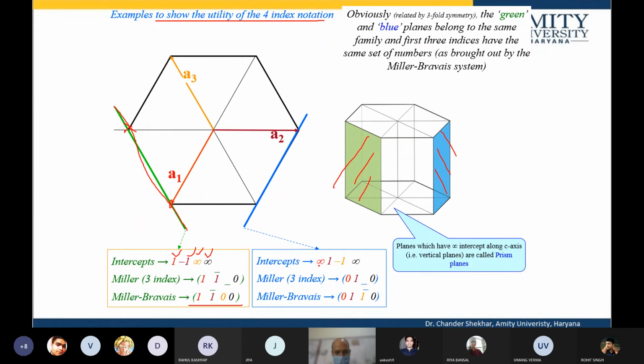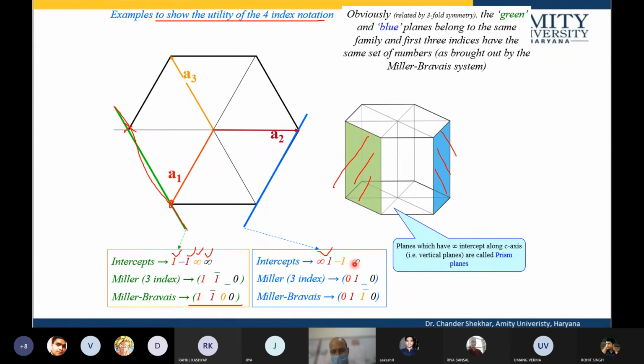For the other one, the indices are, because it doesn't intersect A1, the intercept is at infinity. A2 is at this 1, so the intercept is 1, and A3 is in the negative direction, so -1.